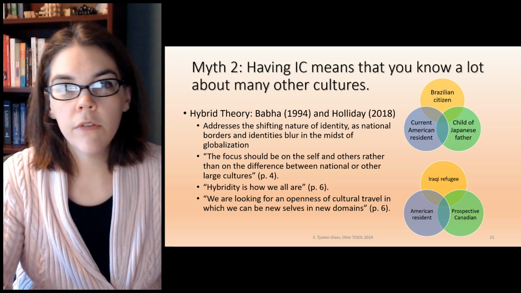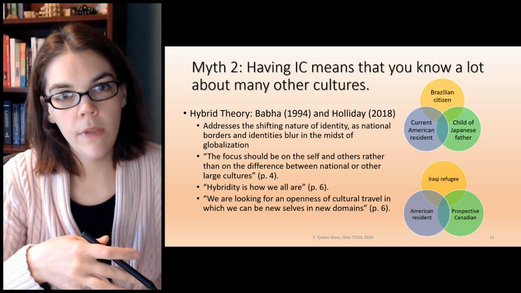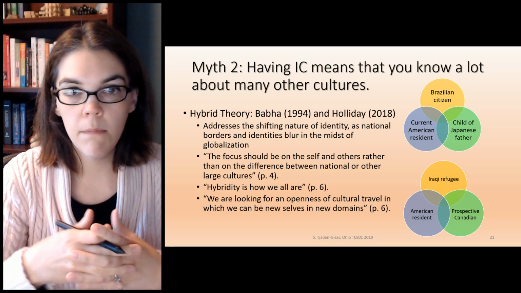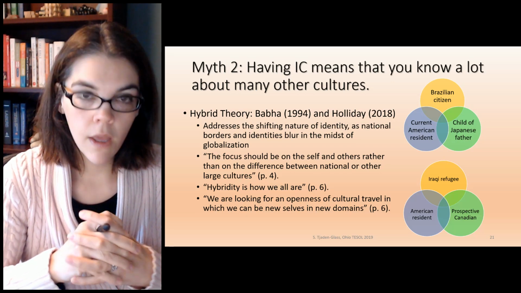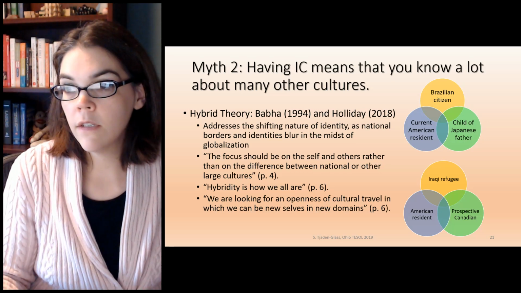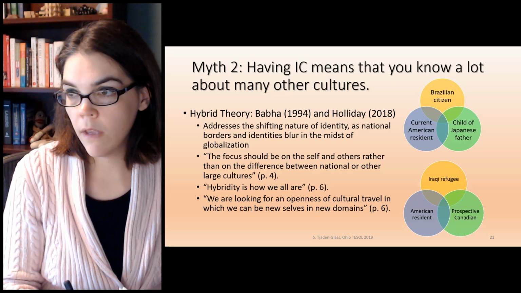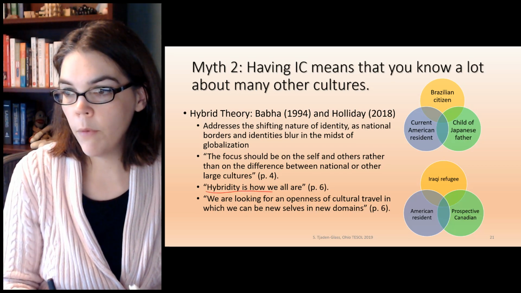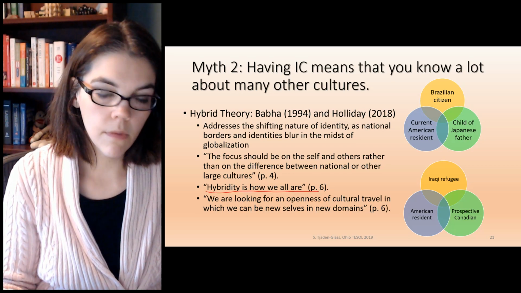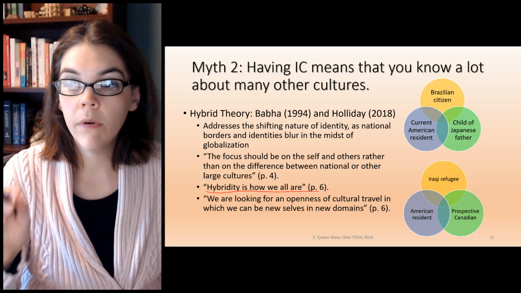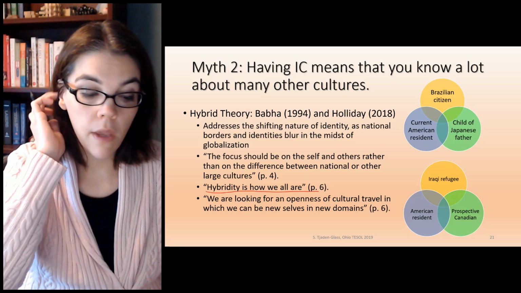So if you don't understand that, go back to what I was saying about identity, that we can have these multiple layers of self that enmesh and overlap each other. And then you can connect those two ideas and see that what Holliday says is that hybridity is how we all are. We are all looking for an openness of cultural travel in which we can be new selves in new domains.